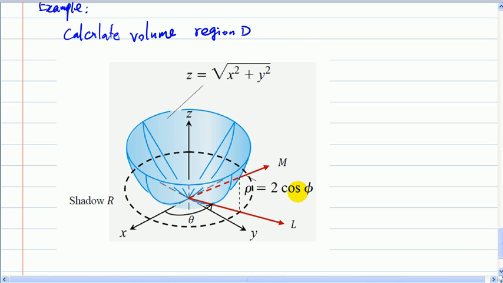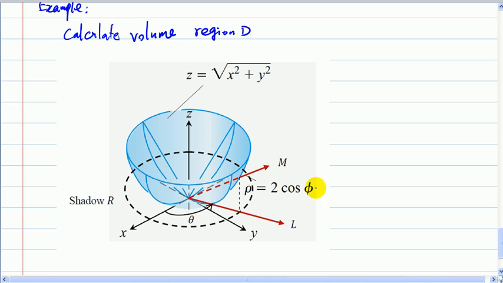Now, if you recall from the last lecture, this particular surface is the surface of a cone. You can see that there are straight lines here representing the cone. And the bottom surface, this one here, actually is a sphere surface.